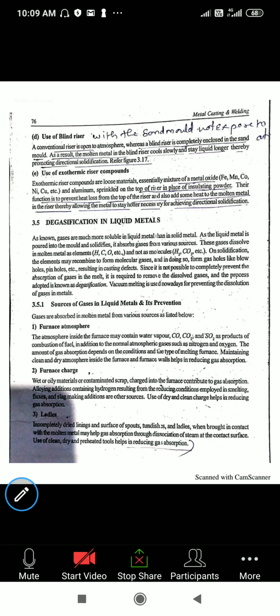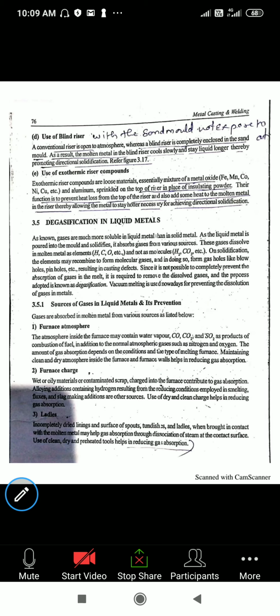And another moment where gas is entrapped in the molten metal is when the molten metal is carried from the furnace to the pouring point, where the molding boxes are kept. From the furnace to the mold cavity, the mold box is where the molten metal is to be poured.